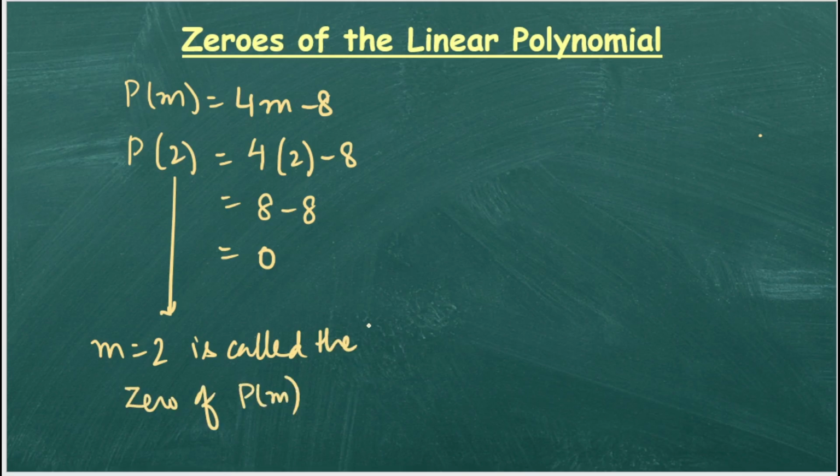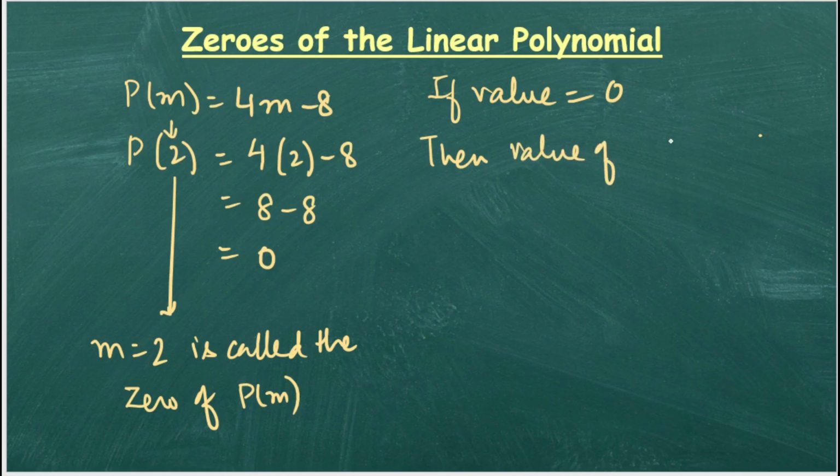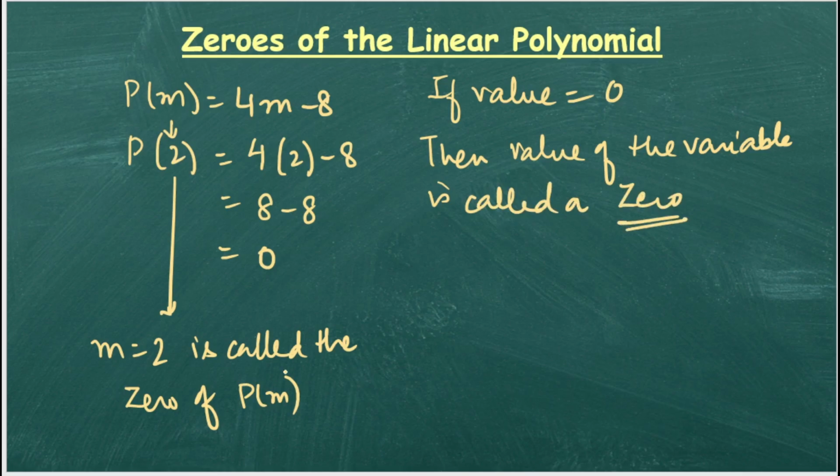So if the value of the polynomial comes out to be 0, then this value of the variable is called the zero of the polynomial. Now my next question is, do we have any more zeros? No, we do not have.